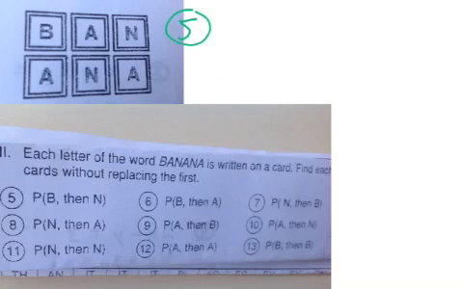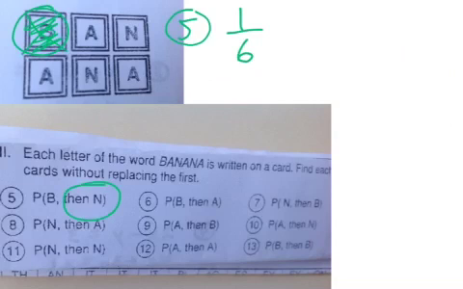Number 5 says a probability of B. Now, when you look over here, does everybody agree I have 1 out of 6 cards that are B? So my probability for B is 1 out of 6. And then it says we're going to get the letter N. Well, if we pick B already and we don't replace it, therefore, it's gone, right?